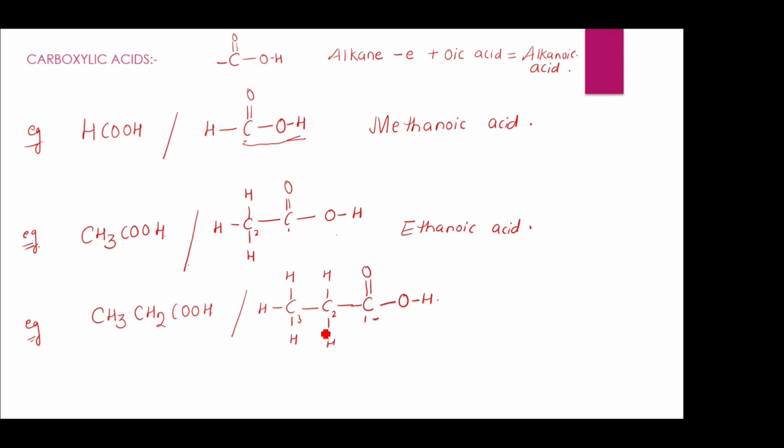So the word root will be prop. So the IUPAC name of this compound is propanoic acid. So these are the functional groups and how you have to name them through these rules.